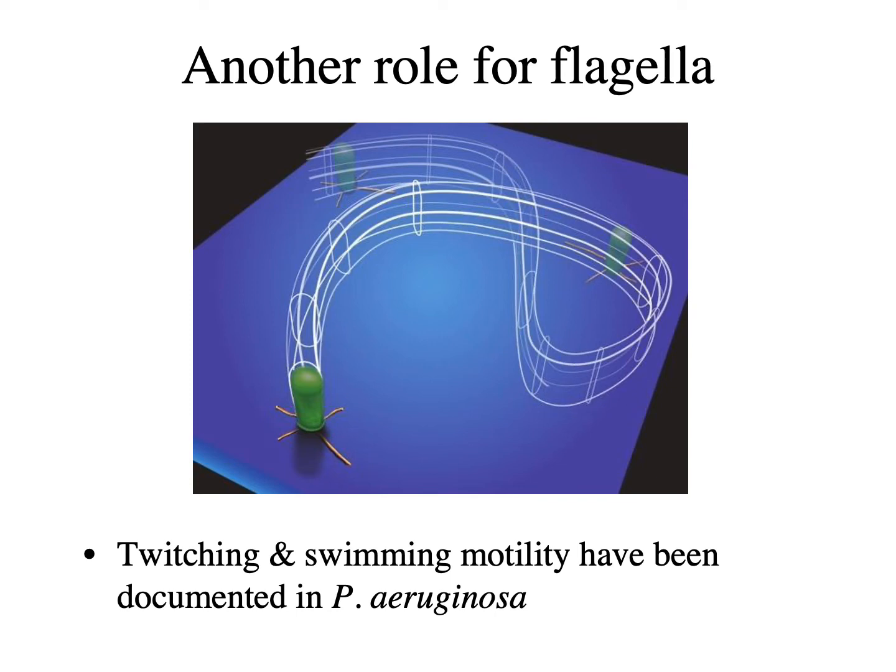But researchers found that another type of bacteria, Pseudomonas aeruginosa, which can cause very serious and fatal opportunistic infections in burn patients or patients who have reduced immune systems, can stand on its lophotrichous flagella in an upright type of movement and kind of move like they're twitching and walking in all kinds of different directions.